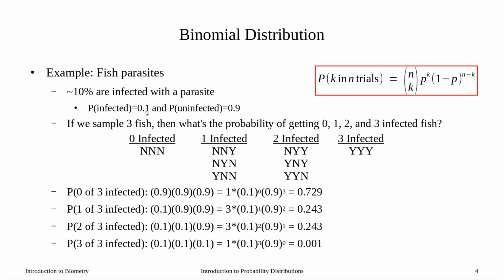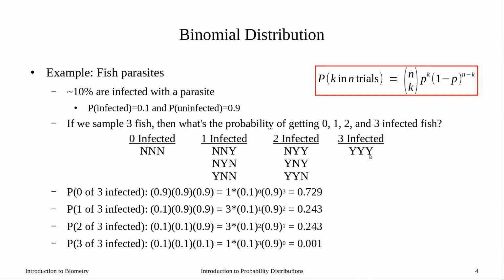And that means, since we only have 2 outcomes, that 1 minus this value is the probability of being uninfected. So to get that probability of 0 infected, we have 0.9 times 0.9 times 0.9, or 0.729.